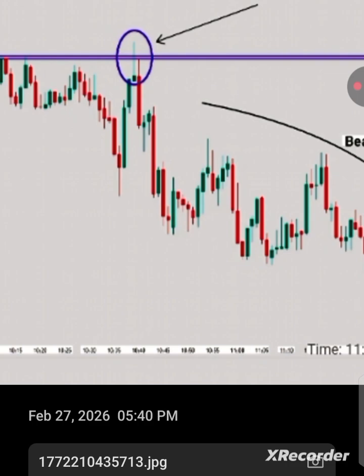So I would like you to watch the video to the end, meditate, backtest, and try to help yourself. This will help you to know what you are looking for, to know what you are doing each time you open your MT5 or your TradingView.